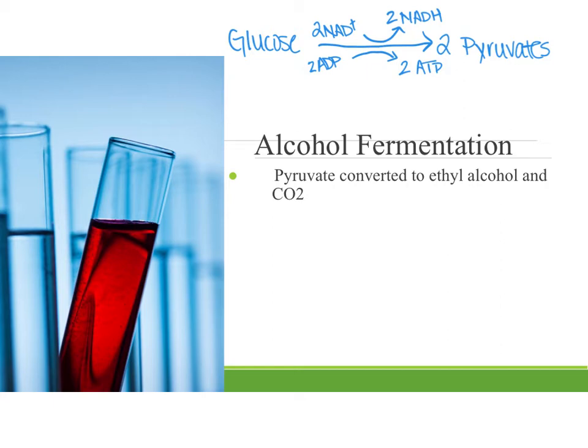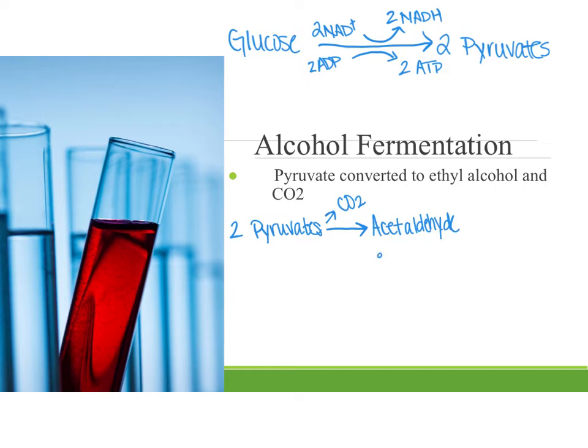During alcoholic fermentation, we're going to start with those 2 pyruvates. It's going to break down into something called acetaldehyde. In this process, carbon dioxide is given off.